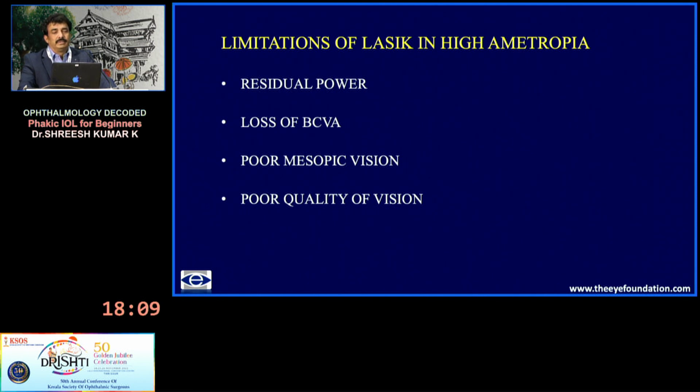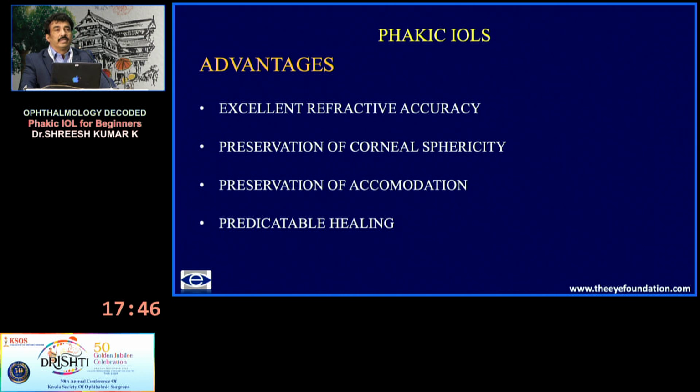We have various surgical procedures available today, but all have their own merits and limitations. In LASIK for high myopia, there can be residual errors or loss of best corrected visual acuity. Patients can have poor mesopic vision or poor quality of vision. Whereas phakic IOLs have a lot of advantages.